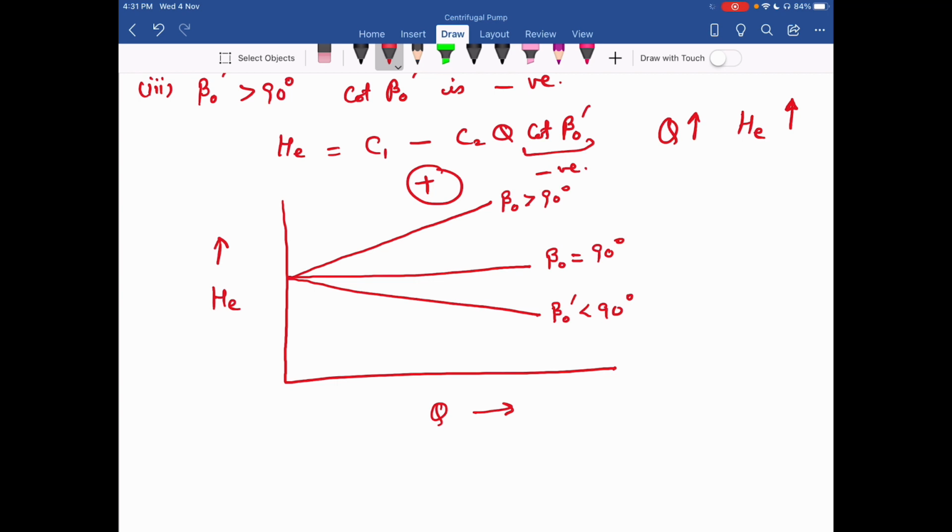So this is my variation. So now you can also say the head generated, that is H_E, is more in case of forward curved vanes.